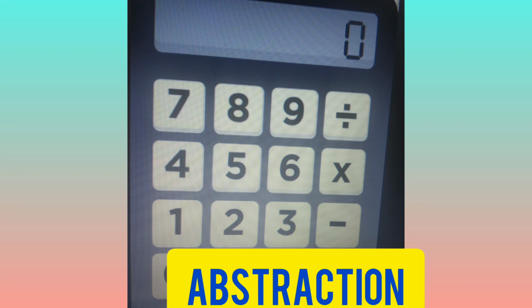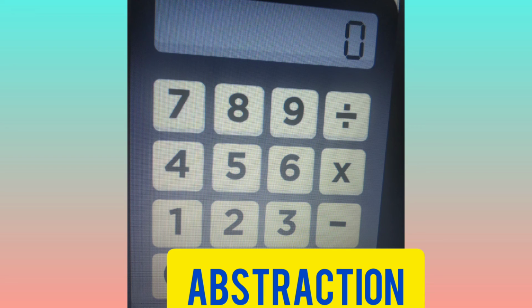But the calculator gives you the result, it never shows the functionality behind that. It means suppose you are going to calculate 10 plus 5, that is 15, but how it calculates, that functionality it is not showing, it is directly showing the answer. So this is nothing but abstraction.